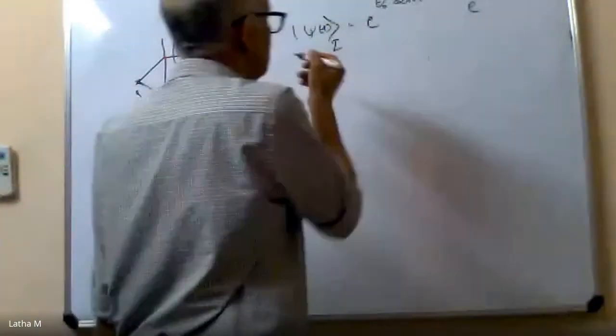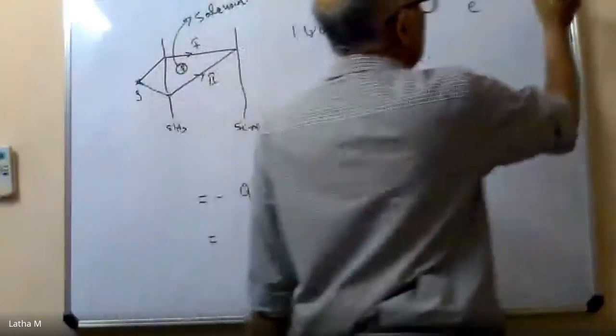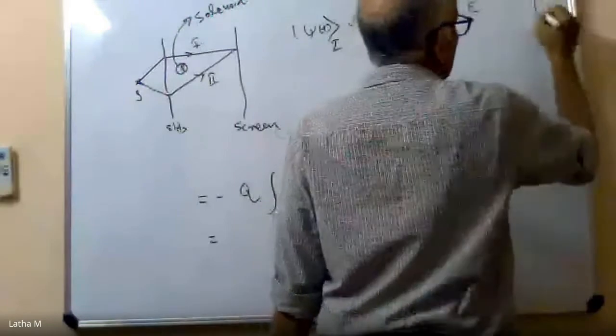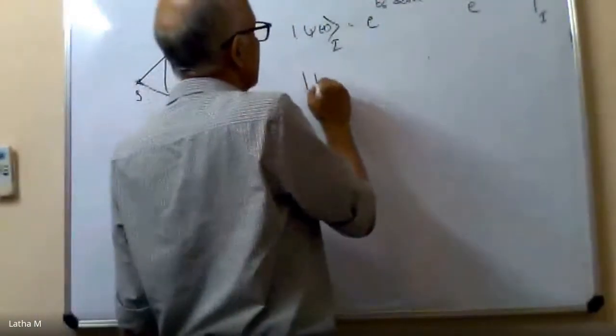Similarly, for path 2 also we can write the state like this.